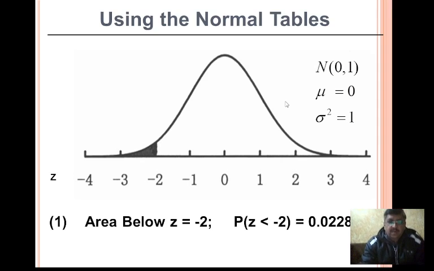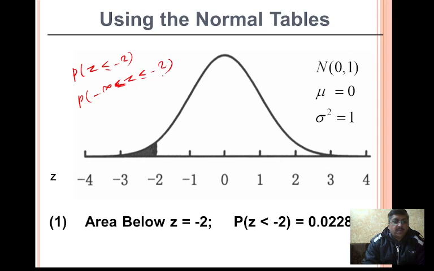Here we will not be explaining everything, but let's try to understand only one thing. If I say the probability of z less than or equal to -2, or simply less than -2, then what happens, right? This can be written as minus infinity less than z less than or equal to -2.